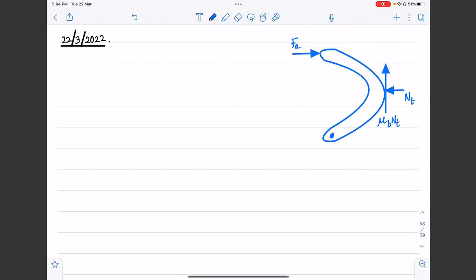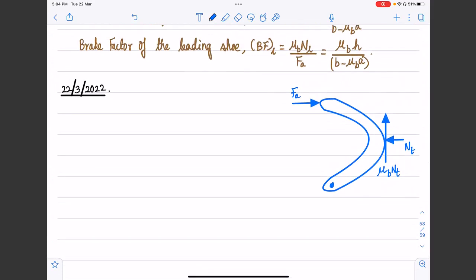Okay, so if we recall, mu_b was the brake friction lining coefficient, or the friction coefficient of the brake lining. Okay, so these are the forces acting on the trailing shoe, and of course there will be the weight of the trailing shoe. So let's call that m_T times g, and there is going to be a restoring force from the spring. So let's call that F_spring.